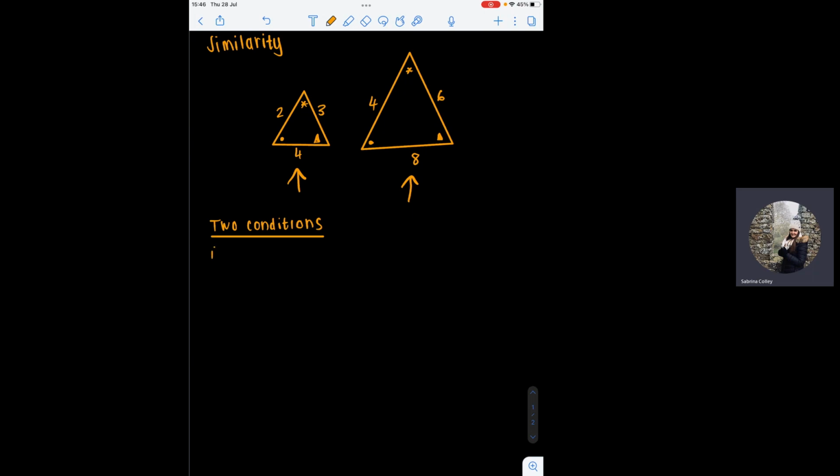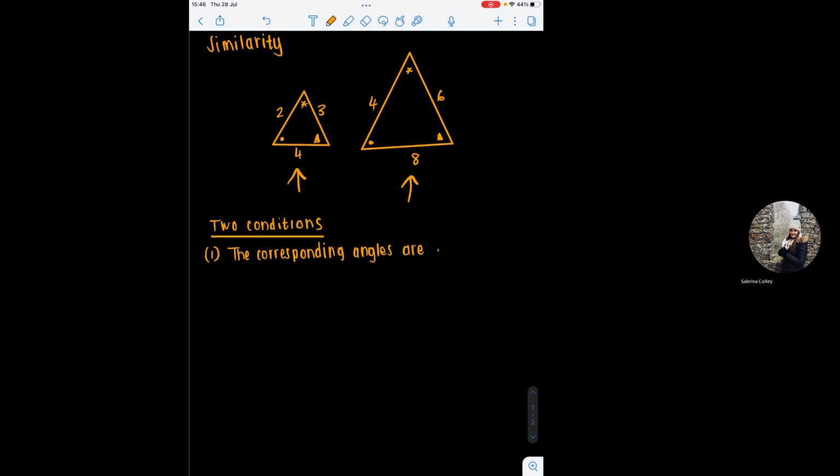The first one is that the corresponding angles are equal. So like the example above, this angle over here in the smaller triangle is equal to this angle in the bigger triangle.